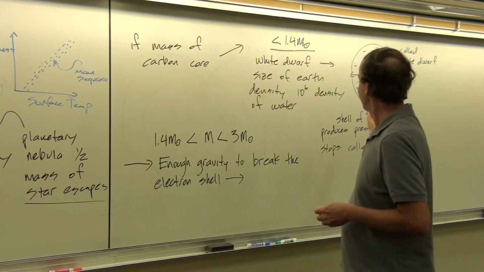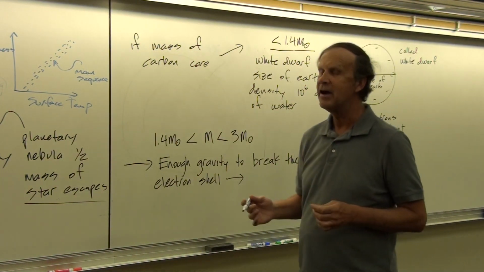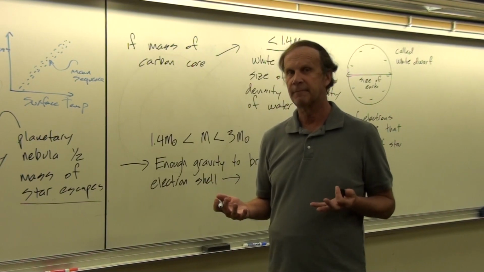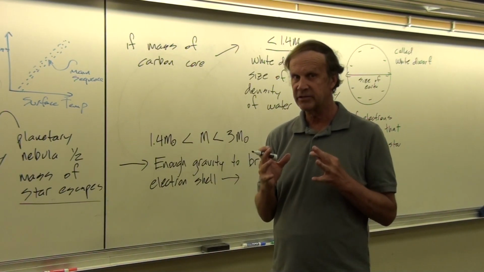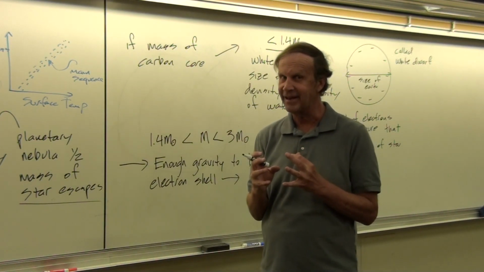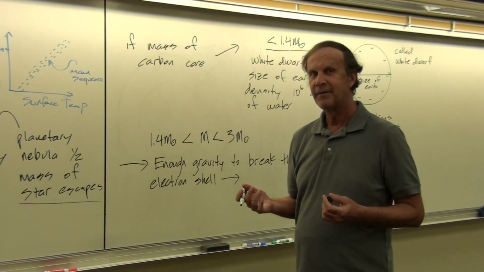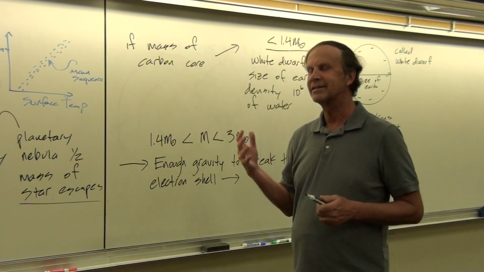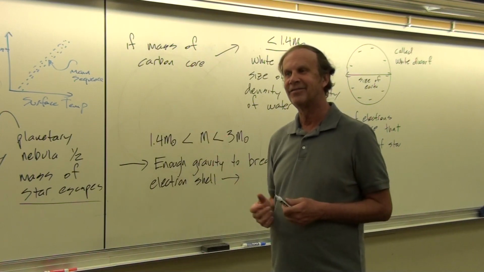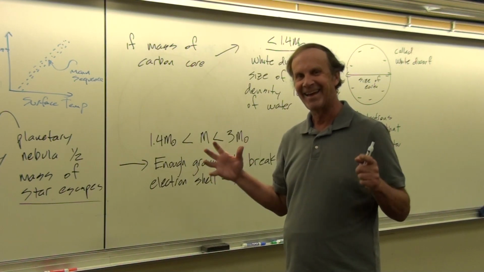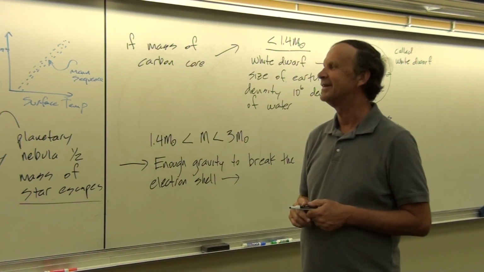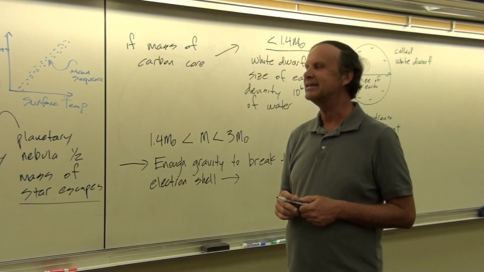Now I should mention here that this crystallized carbon core would be like a diamond, because it would be crystallized carbon in its most compact state. So imagine a diamond ring that has the mass of the sun. Okay, and that's really what we're talking about here. A gigantic diamond.